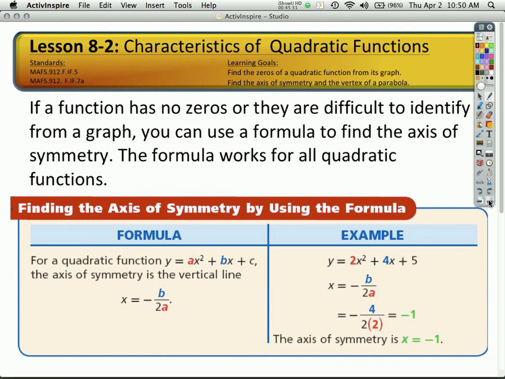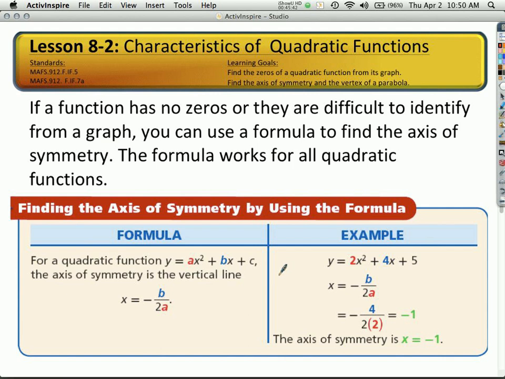There's a formula. And you are going to have to know the formula. It is quite simple. When you have a quadratic function in standard form, you can find the axis of symmetry by using that: x equals the opposite of b over 2a.